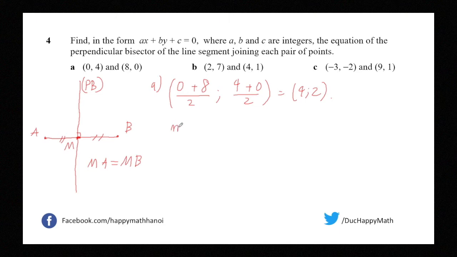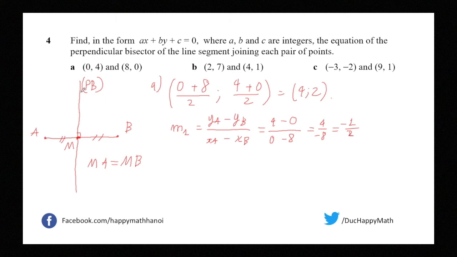The gradient of the line AB, I mean M1, has to be equal to (yA minus yB) divided by (xA minus xB), and it's equal to (4 minus 8) divided by (0 minus 8). This means minus 4 over minus 8, which is 1 over 2.